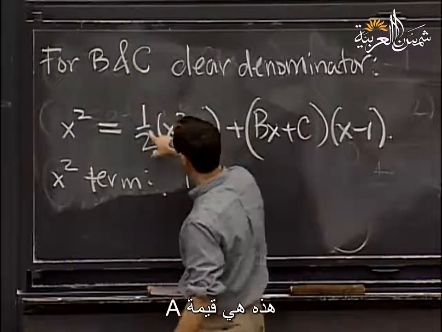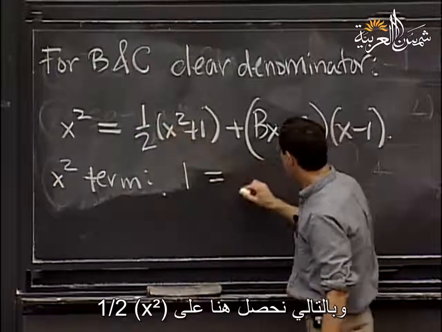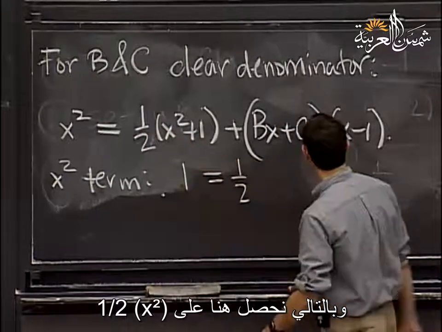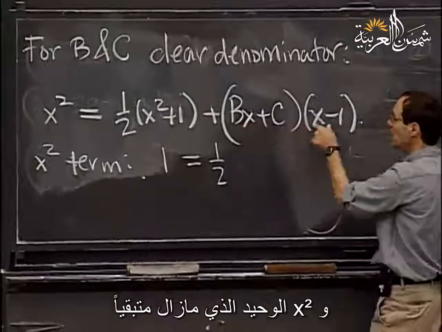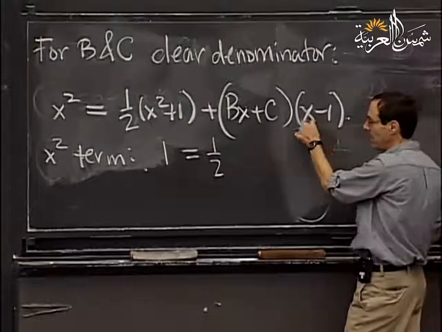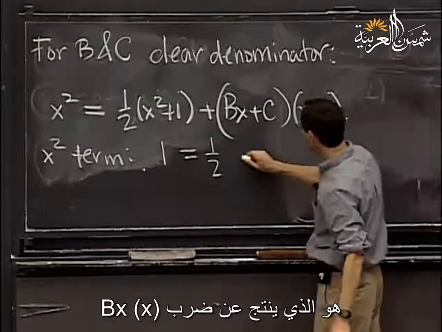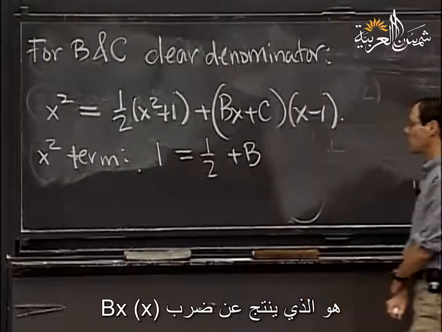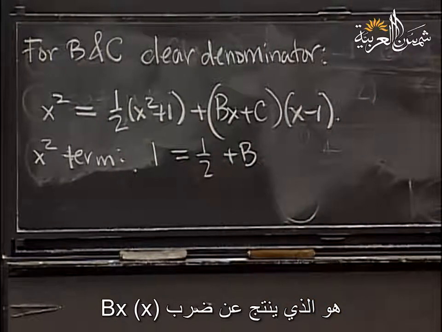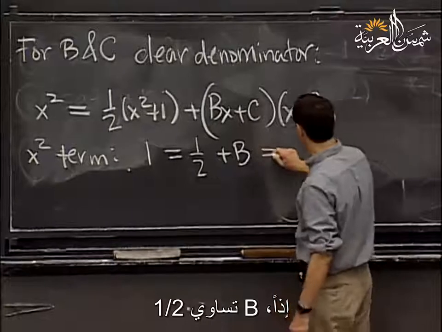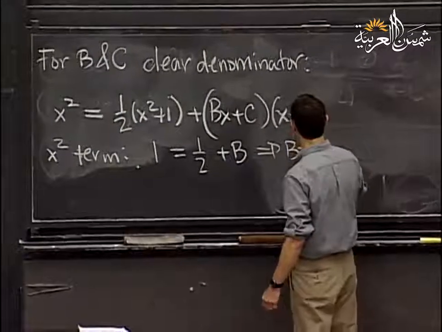All right, so this is the A term. And so I get a half times x squared. And then the only other x squared is when this Bx multiplies this x. So Bx times x is Bx squared, so the other coefficient on x squared is B. And that forces B to be a half.